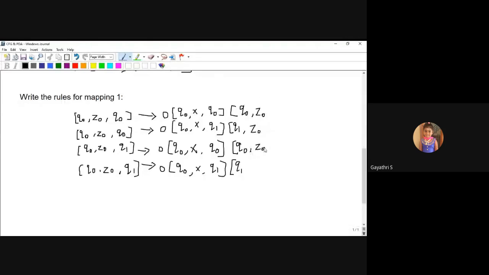And the second element is for z naught. The third element is 2 times q naught, 2 times q1. So this is q naught, q naught, q1.